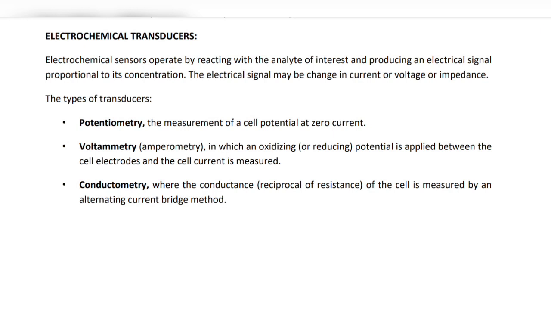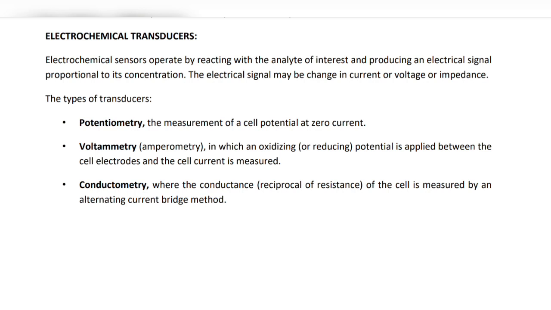Next topic is electrochemical transducers. We already know that on the basis of transduction signal, the sensors can be divided into electrochemical transducers, optical transducers, thermal transducers, mass sensitive transducers, etc. Right?